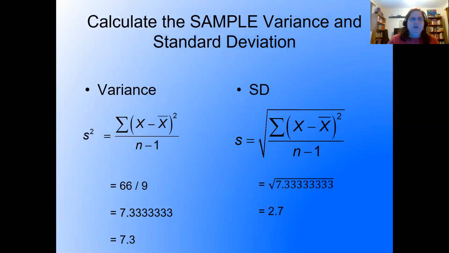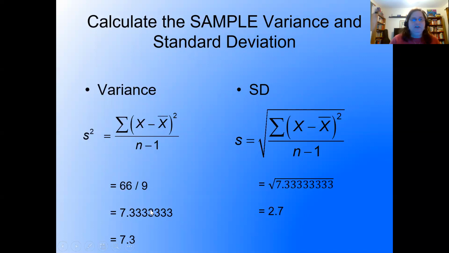Now let's look at sample variance and standard deviation. The only difference is we're going to take 66 and divide by 9. So in this case we get 7 point, and there should really only be 4 3s here. It's okay if you want to do more, but I recommend just holding to 4.